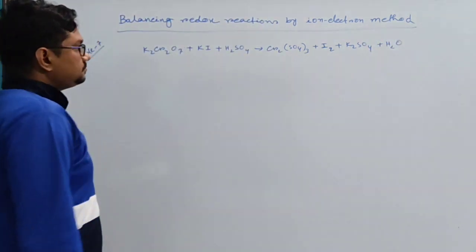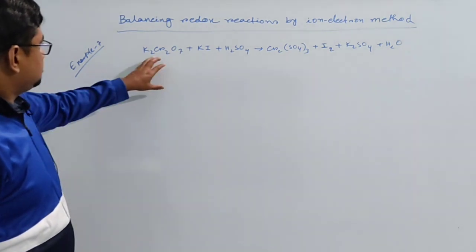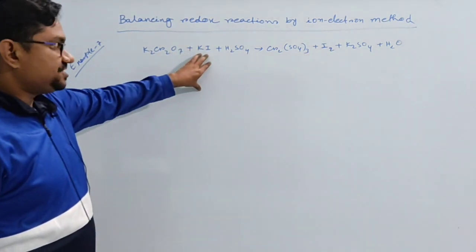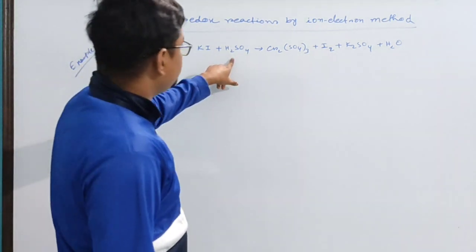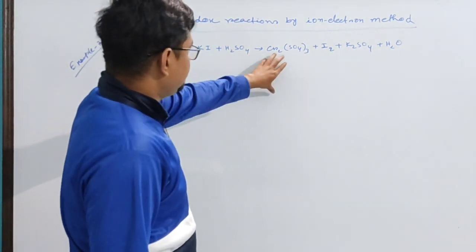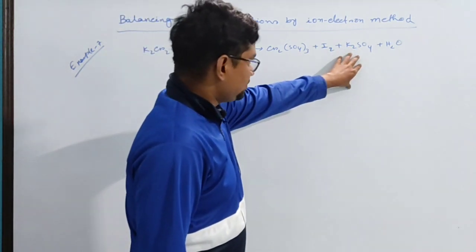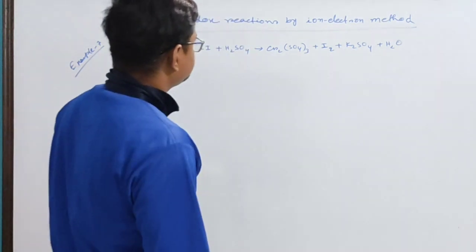Okay, that means potassium dichromate reacting with potassium iodide in sulfuric acid medium giving chromic sulfate, iodine, potassium sulfate and water.